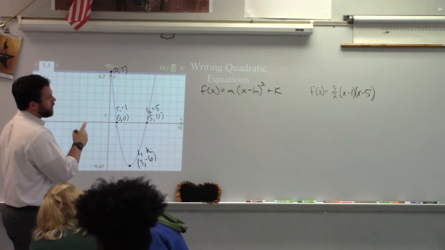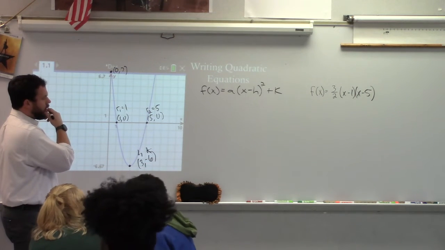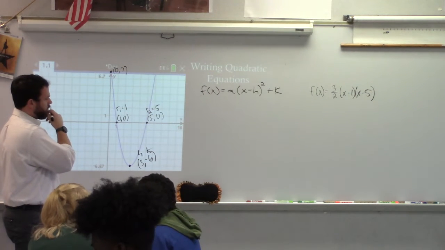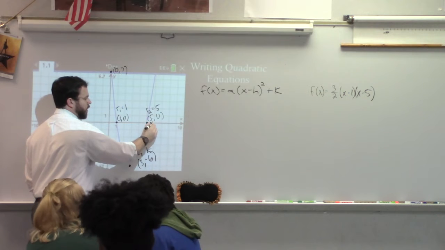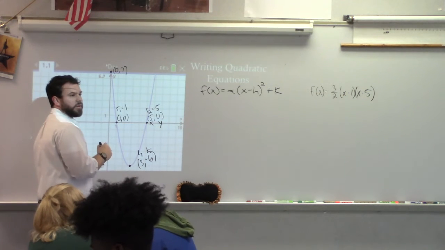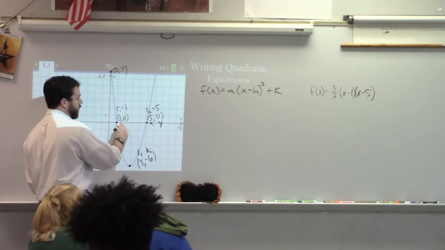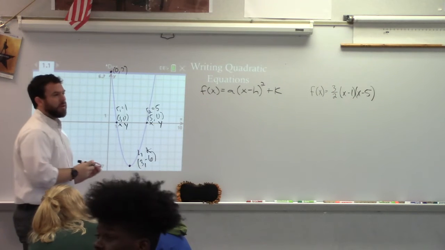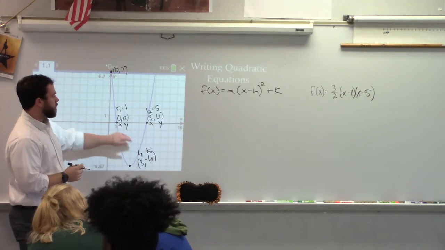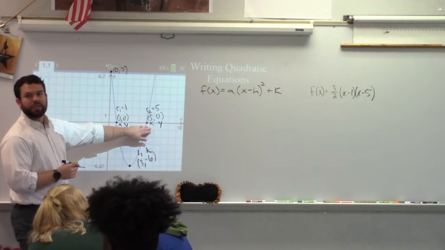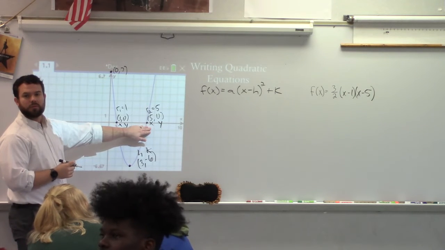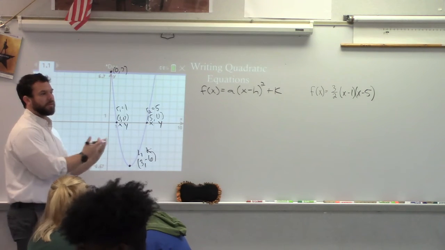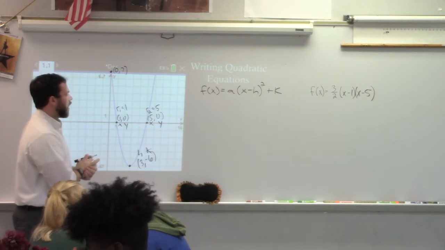What can I use for my X and for my Y? You could use R2 and the 0, or you can use R1 and the 0. Remember, if we're doing vertex form, we don't have to think about these as roots, we just need points. We just need an X and a Y to be able to substitute into that equation.